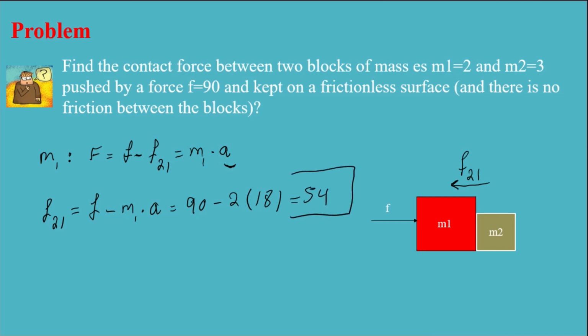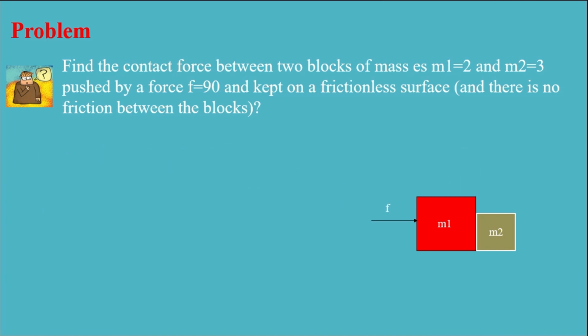Now I need to find the force applied to m2. So for m2 there is only one force and this is an internal force. I'm going to call it F12, the force applied from the block with a mass of m1 to block 2. So now my total force, F12, is equal to m2 times a, right?